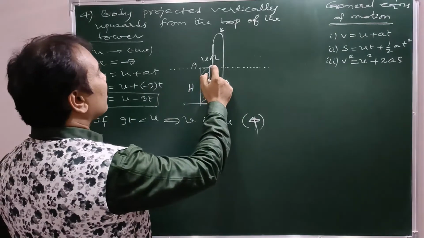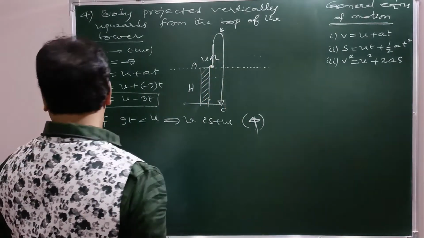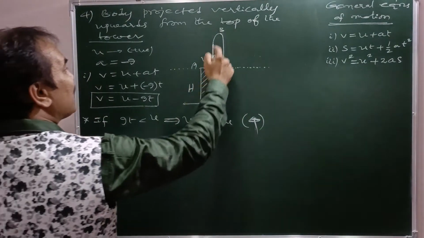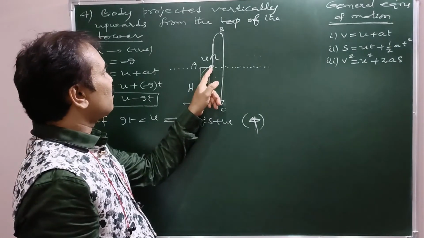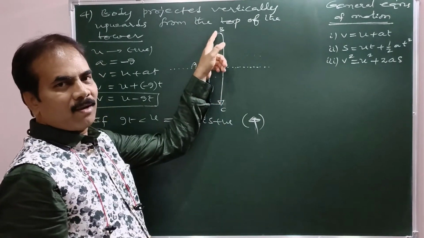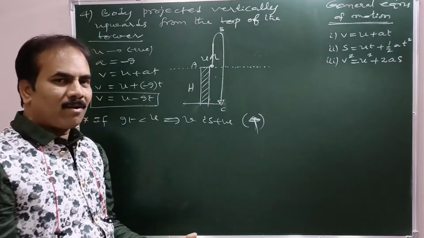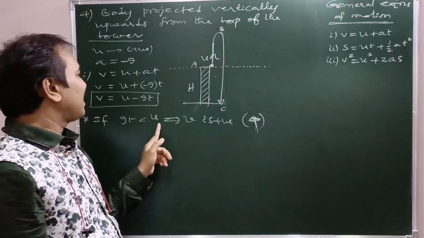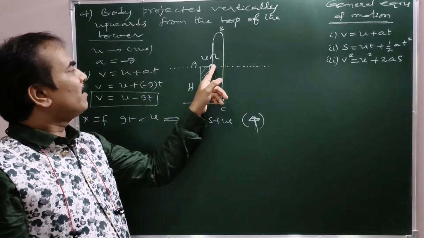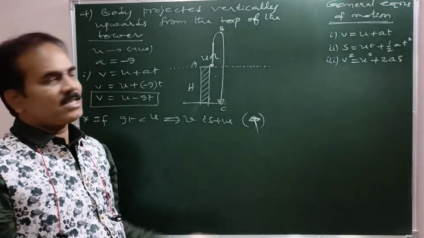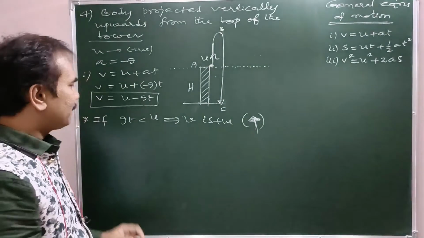Means the body lies between A and B. See, this is A, this is B, the final point or highest point B. What is the location of the body when gt is less than u? The body lies somewhere in between points A and B. Right?